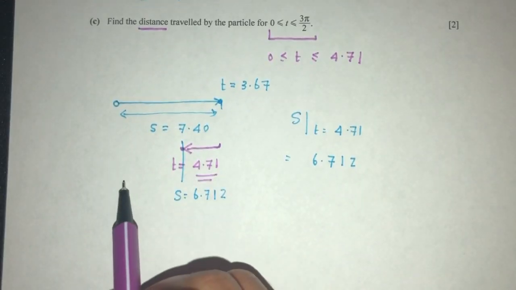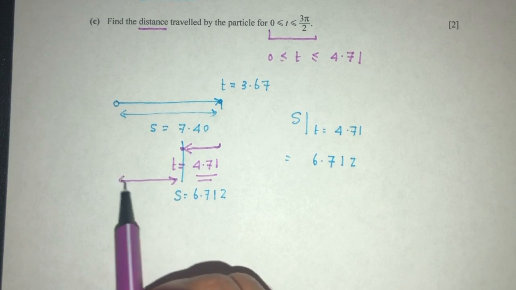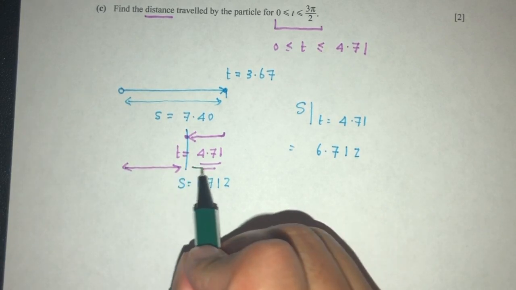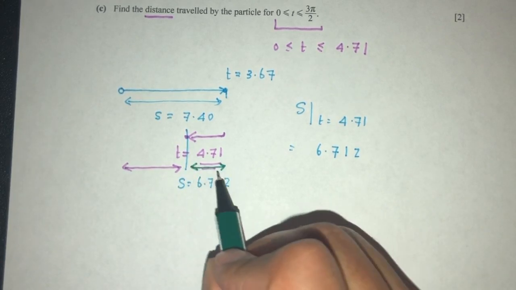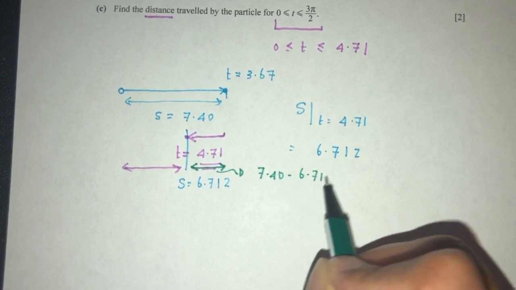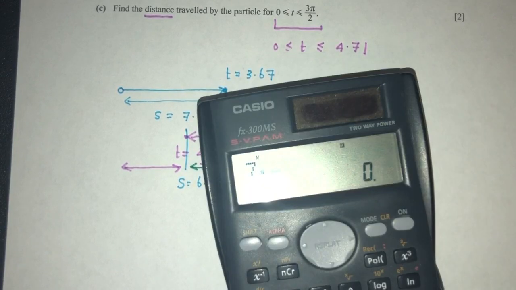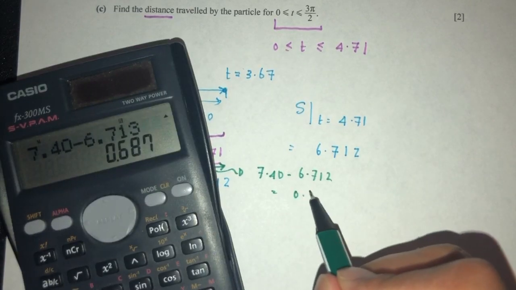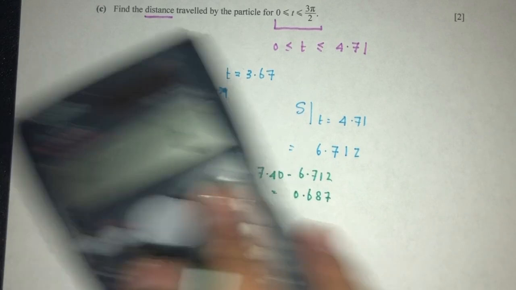So the displacement from O is 6.712. It means the distance traveled when it changed direction will be the difference between 7.40 minus 6.712, which will be 0.687.